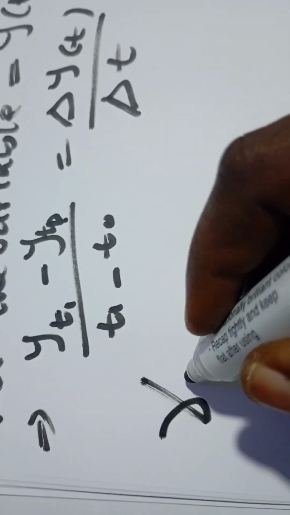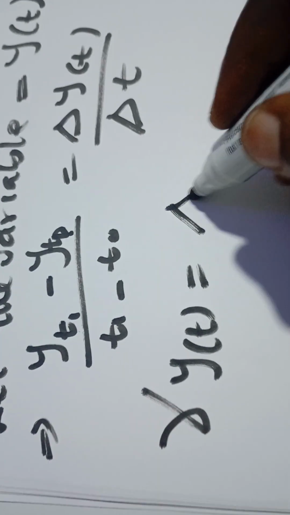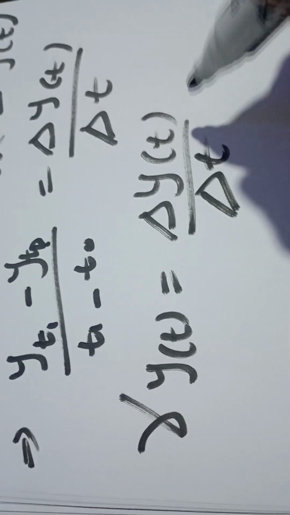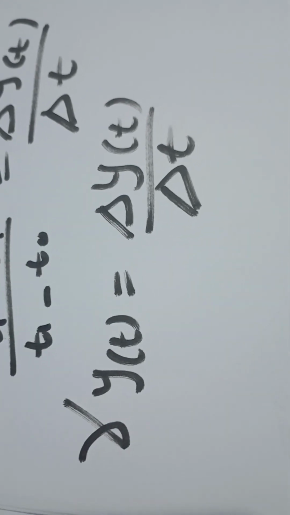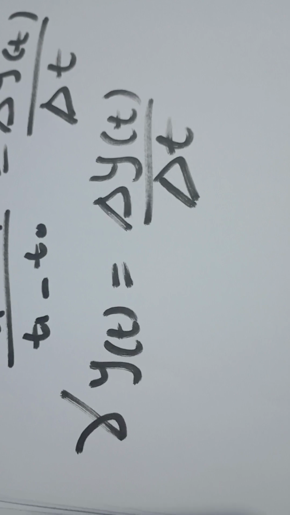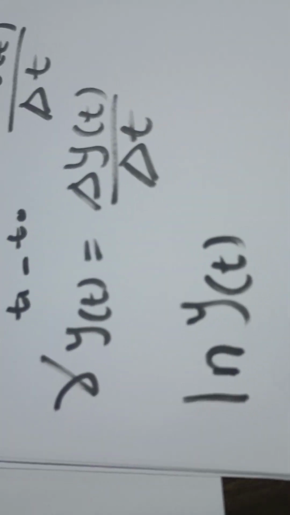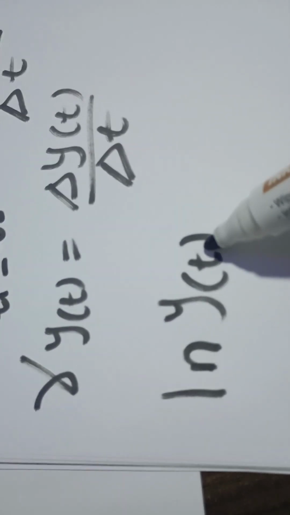Now, denoting our growth rate of y with gamma, equal to change in y at time t over change in t. Please, details of this can be seen in the old video. We are told that we should prove that the time derivative of its log, that is, we are introducing the concept of log into the question, and this is ln of y at time t, the natural log of y.